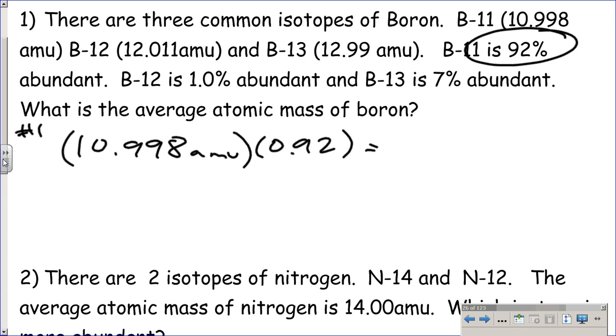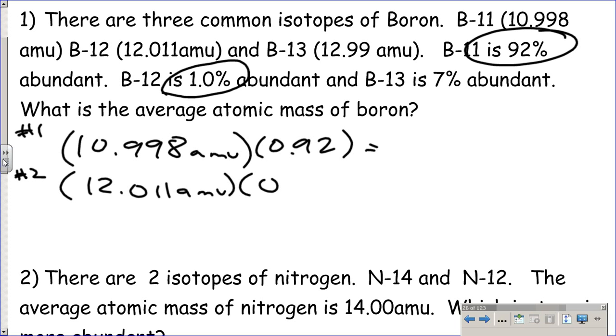Next isotope is what? 12.011 AMU times what? What's that in decimal form? Keep going. 0.01, good, because you need to back that decimal up. So there's a 0 in front of that 1 whenever you back your decimal up.